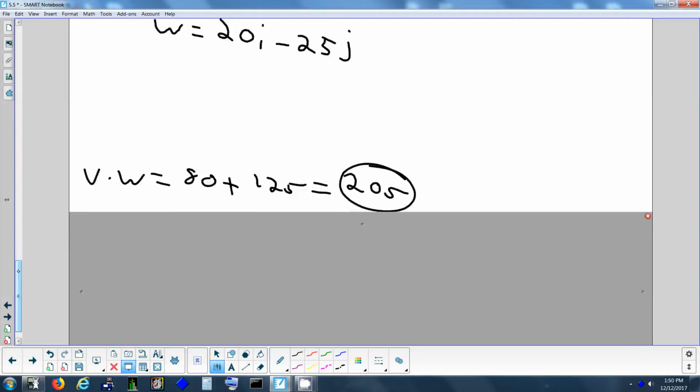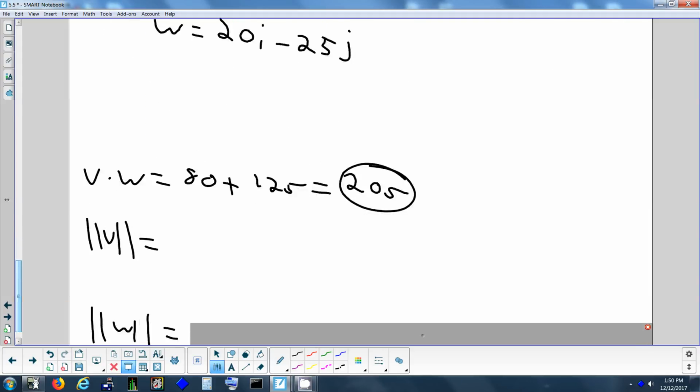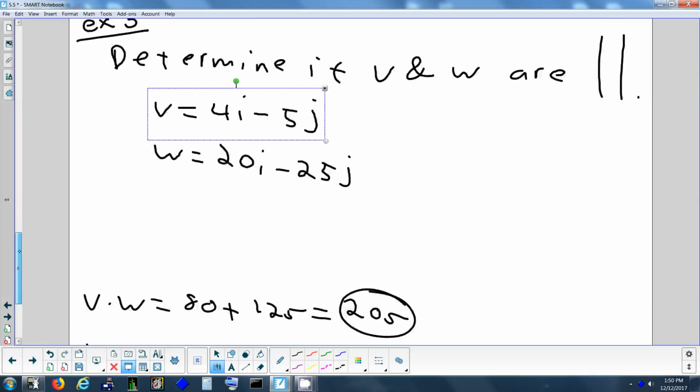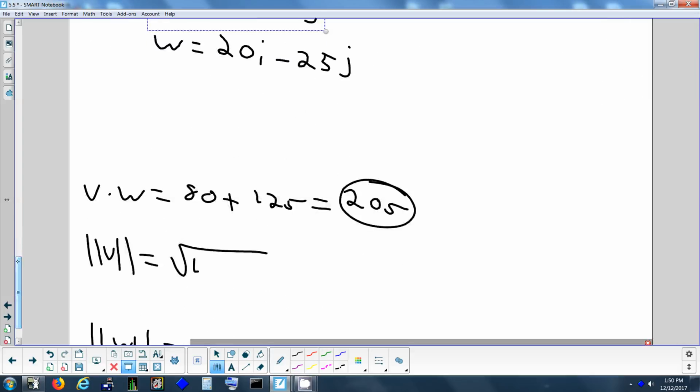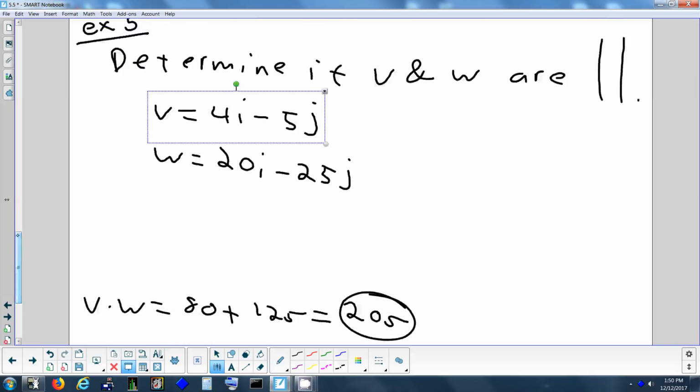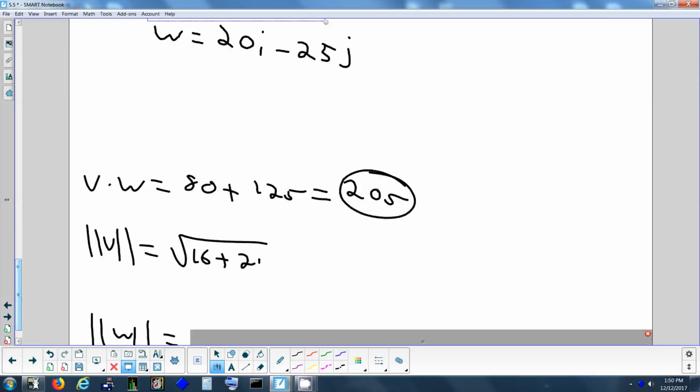Okay, let's find the magnitude of v. It's going to be the square root of 4 squared plus 20 squared plus negative 5 squared. 4 squared is 16. So what's that? The square root of 41.